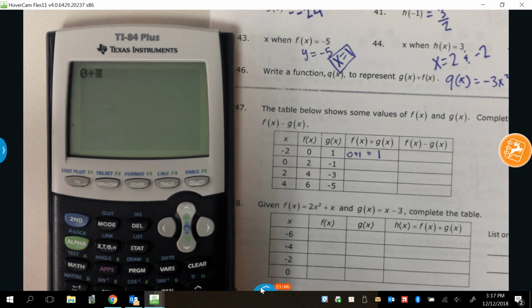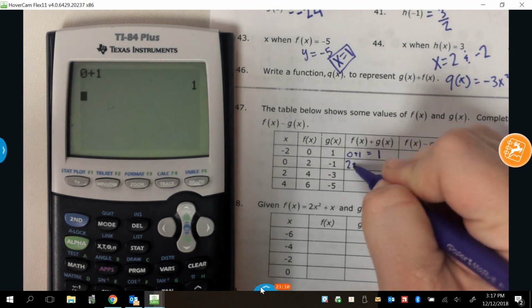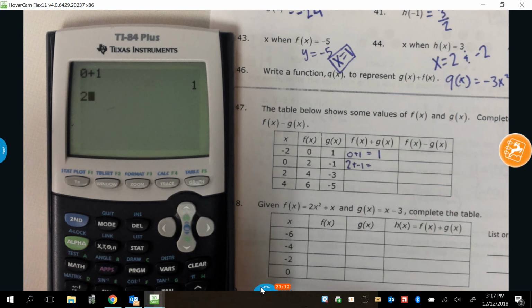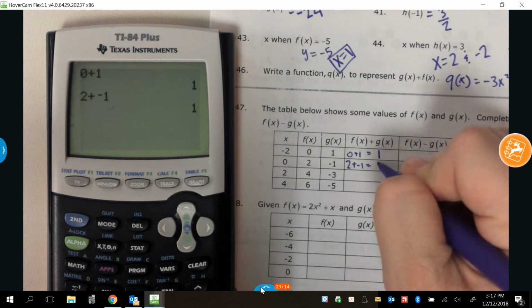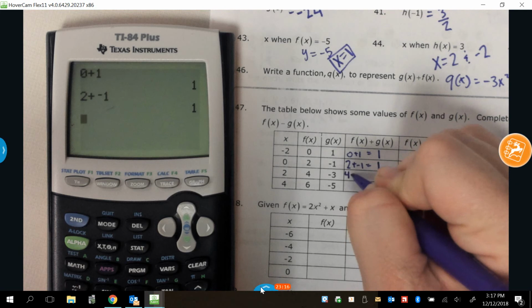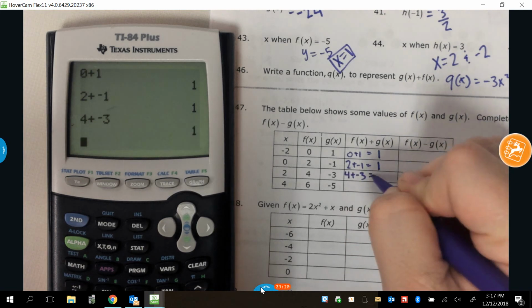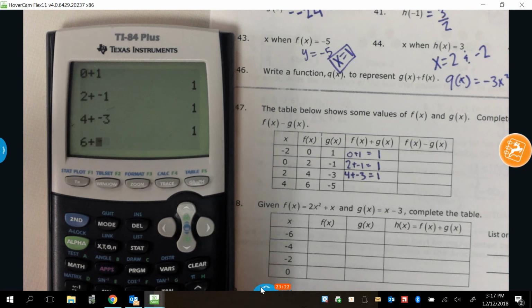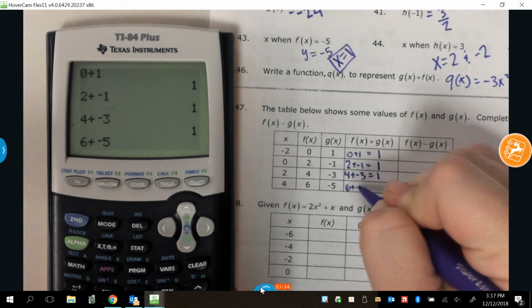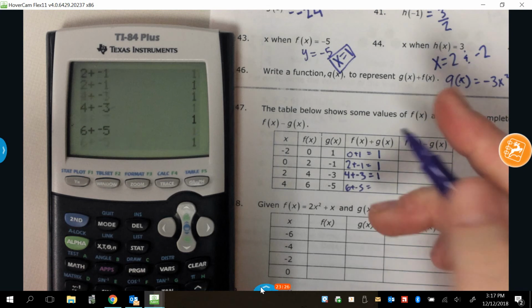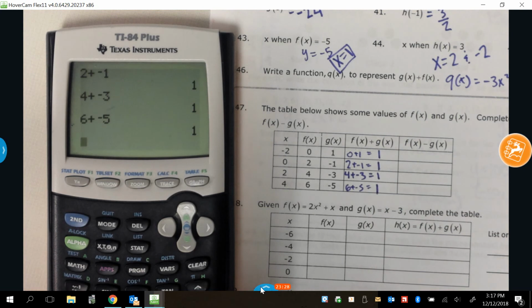You could always type these in your calculator. 2 plus negative 1 is 1. 4 plus negative 3 is 1. 6 plus negative 5 is also 1.